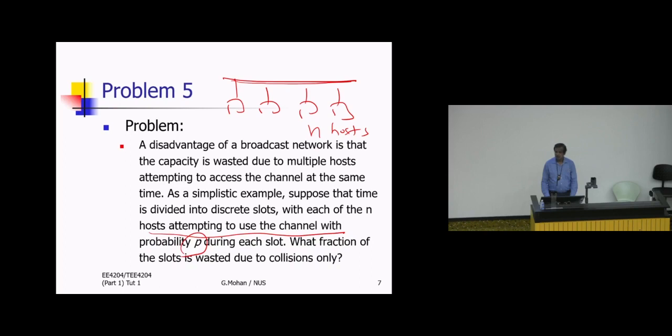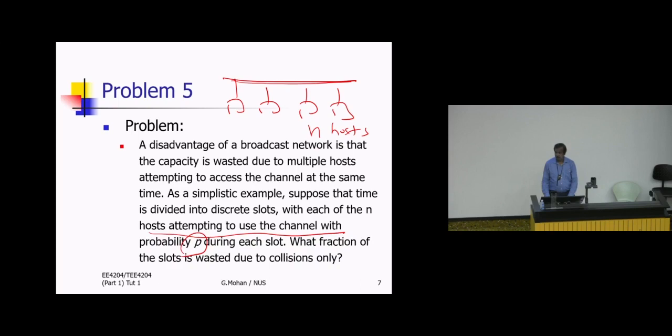There is some probability that exactly one is trying to transmit in a given slot. Similarly, there is some probability that nobody is trying to transmit. If exactly one is trying to transmit in a given slot, there is no problem, there is no collision.